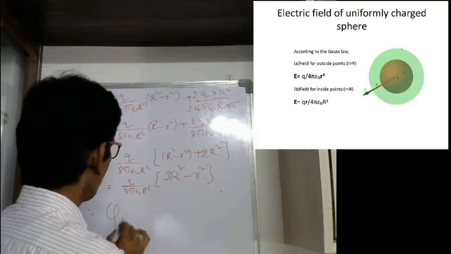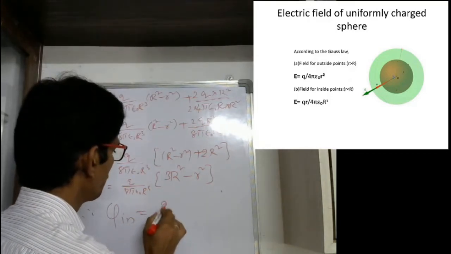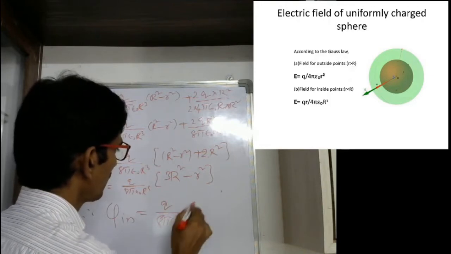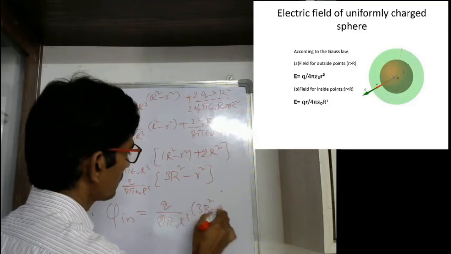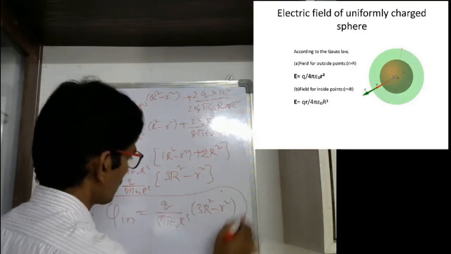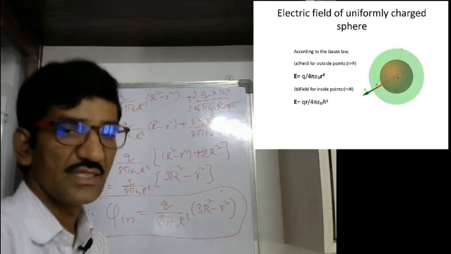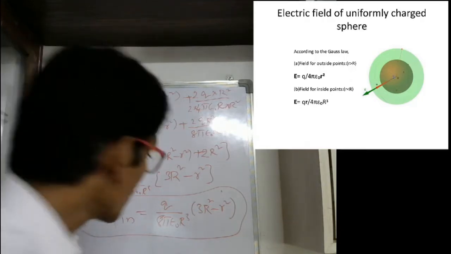Therefore, phi in or phi p is equal to q by 8 pi epsilon naught r cube, 3R square minus r square. This is the expression giving the potential inside of that uniformly charged sphere.